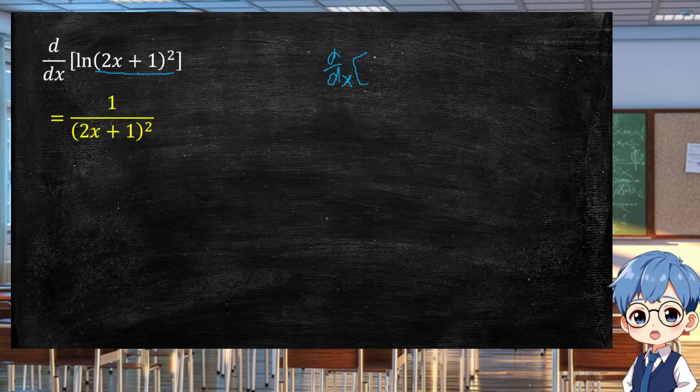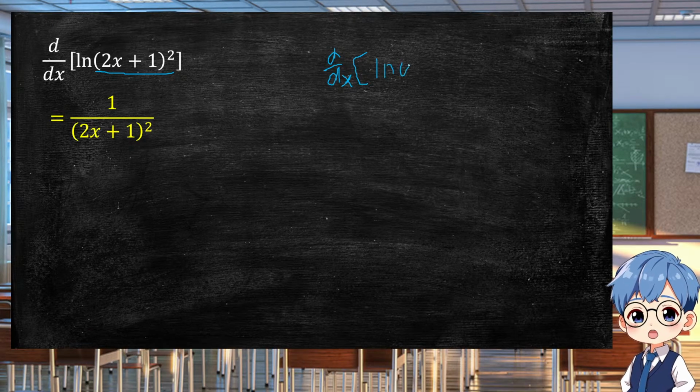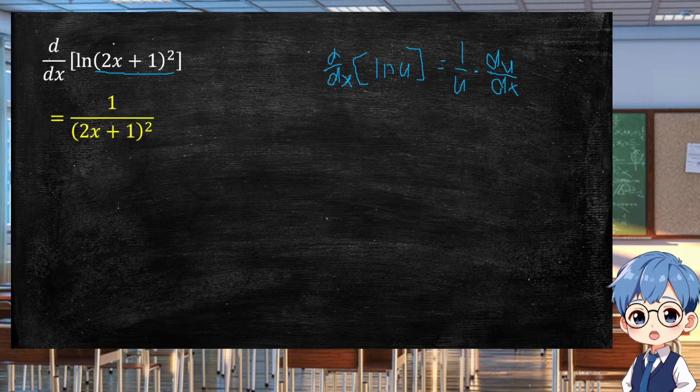The derivative of ln of u, the natural log of u, is just 1 over u times the derivative of whatever is your argument, so du over dx, the derivative of u with respect to x. In this scenario, our u is not just 2x plus 1, it is (2x plus 1) squared. So here we have 1 over (2x plus 1) quantity squared.